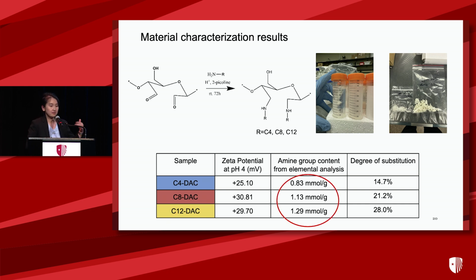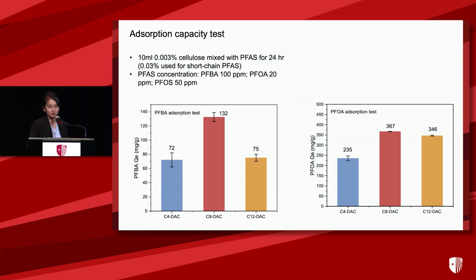When we increase the carbon chain length on the side chain of the functional groups, we observe that for the short-chain PFBA, the adsorption capacity for C12 is significantly improved compared to the C4 nanocellulose. That increase in adsorption is observed for the long-chain PFAS as well.